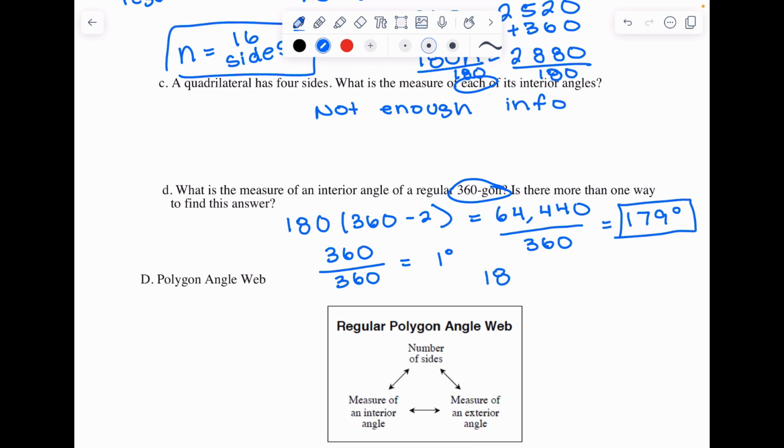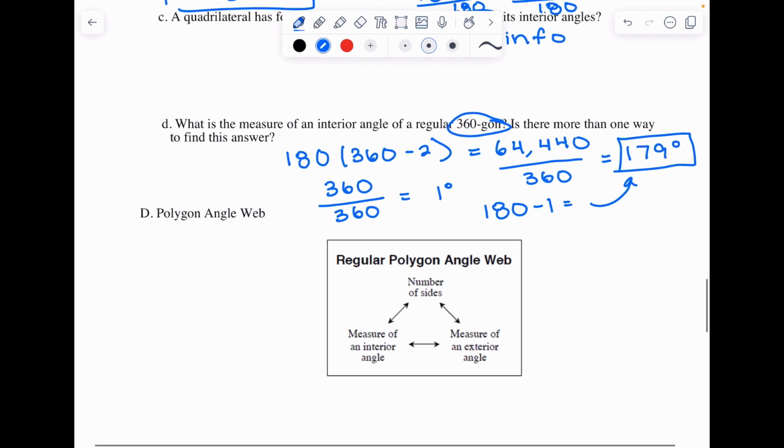Then if I just subtract 1 from 180, I'll find out what each interior angle is, because I know that each exterior angle and each interior angle add up to 180. So I always like to say, in math, there's sometimes more than one method to solve a problem, so choose the method that makes you the most comfortable.